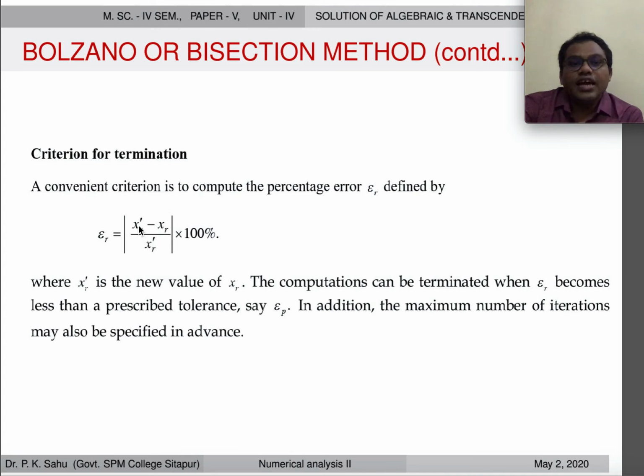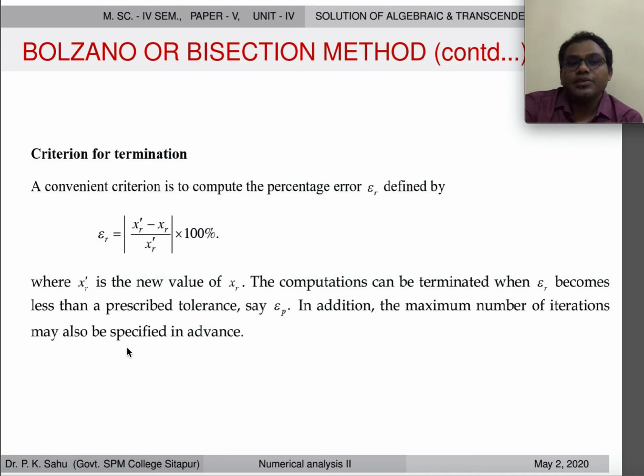ER is xr dash minus xr divided by xr dash, where xr dash is the new value obtained in this step, and xr is obtained in the previous step. The computation can be terminated when ER becomes less than a prescribed tolerance, given as epsilon p.